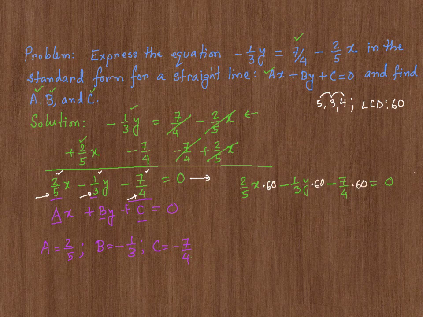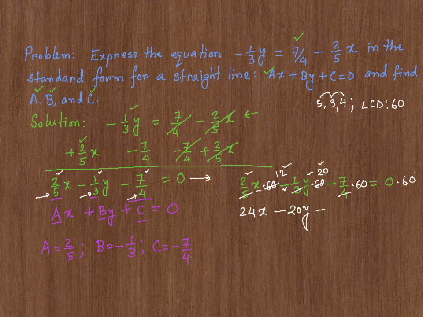On the right hand side, 60 times 0 is 0, so we really don't need to worry about it much. 5 goes into 60 12 times, and 12 times 2 is 24, so we have 24x. Then minus: 3 goes into 60 20 times, and 20 times y gives me 20y.